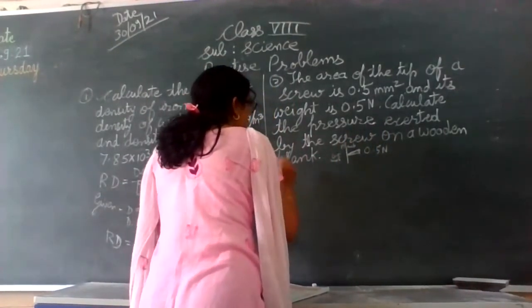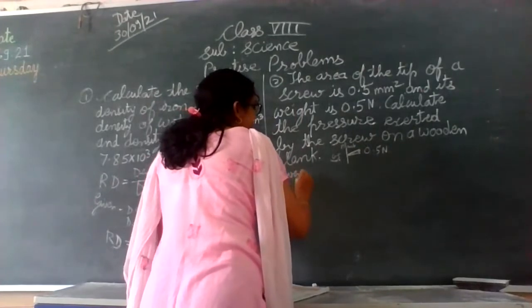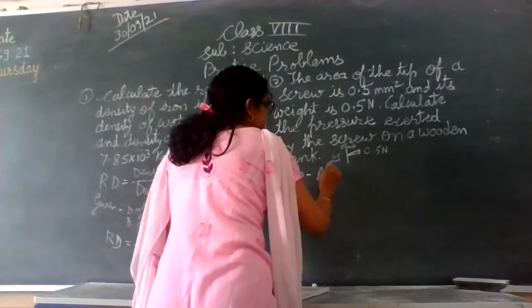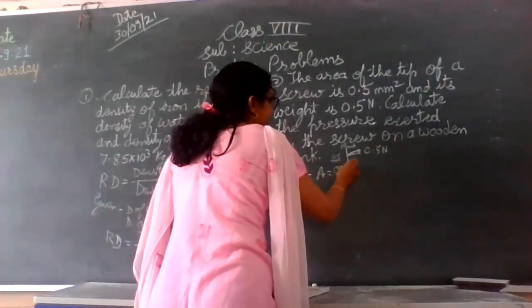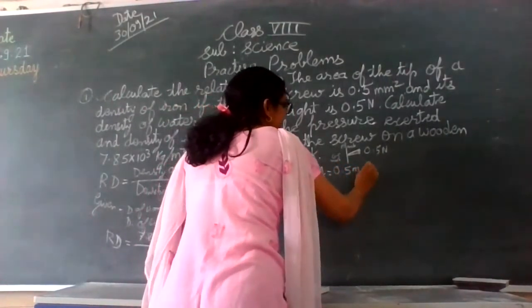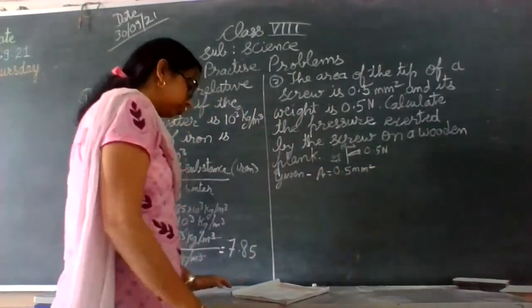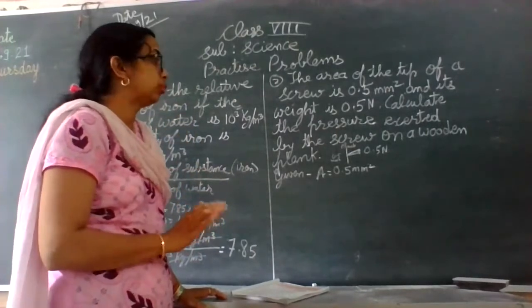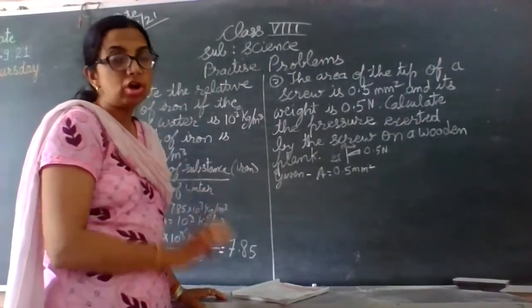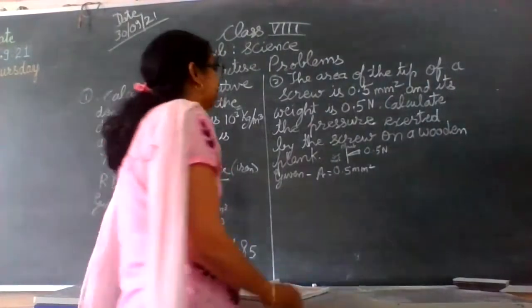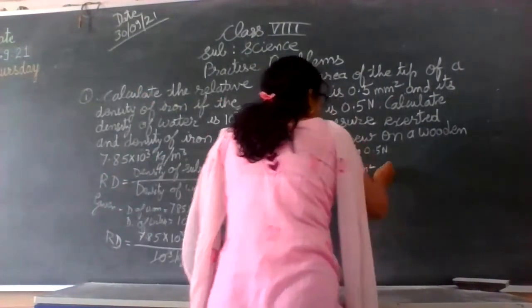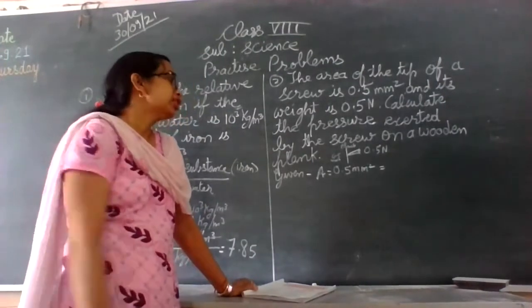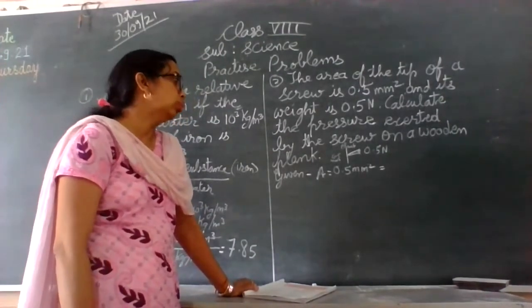So first of all, always write down what is given to you. We have been given the area of the screw, that is 0.5 millimeters square. While writing the given, we have to understand that we have to convert it into the SI unit, that is meter square. I want to convert this 0.5 into meter square. So what will I have to do?